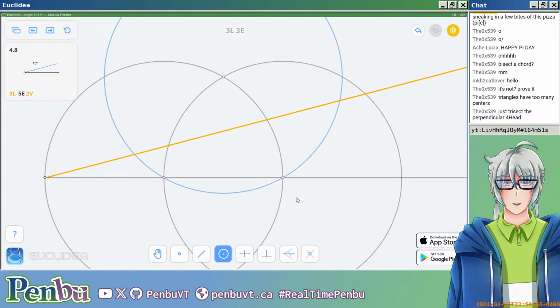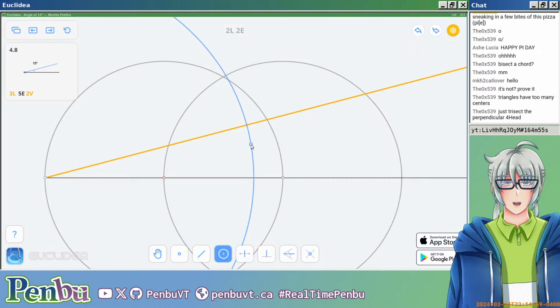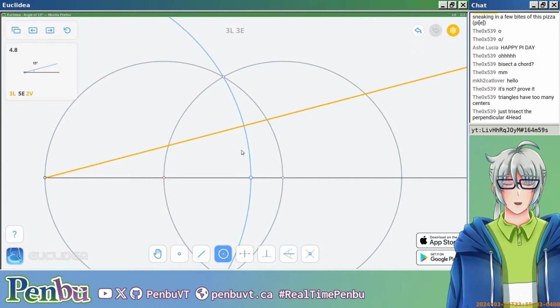How did we bisect angles again? You bisect an angle by taking the bisector here.